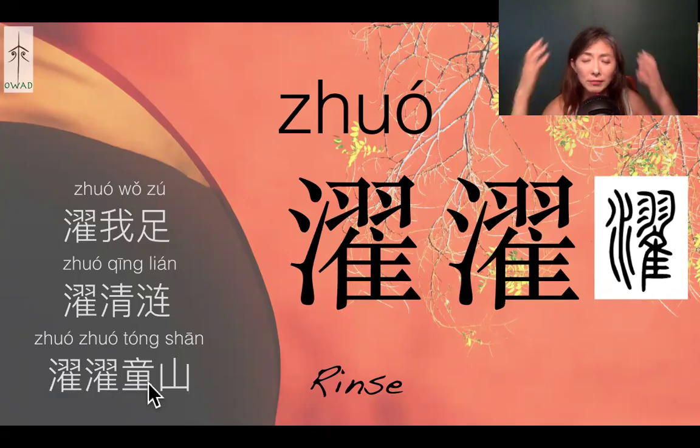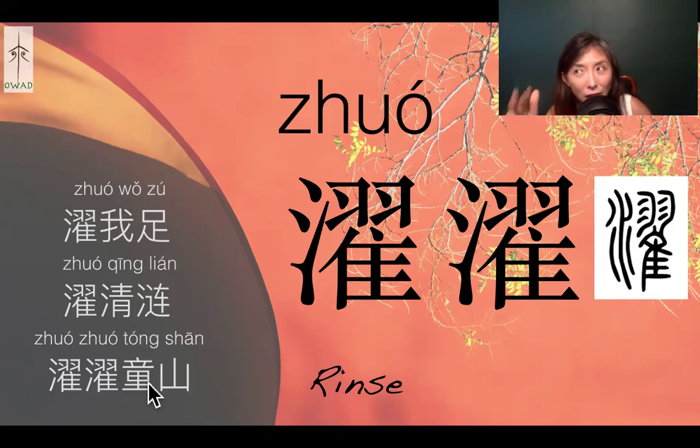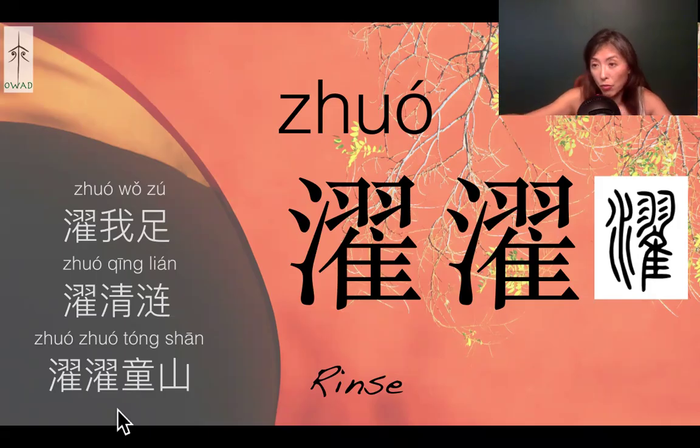And children are often bald-headed. So Tongshan already gives a sense of a baby look-alike mountain with a bald head, and zhuó zhuó is probably the result of heavy rinsing by water, by flood, we don't know, but that shows the type of mountain that's stripped of plants, no trees, no grass, even no soil, with the bare bones of the earth exposed in the shape of big rocks, a stony mountain. So that's zhuó zhuó tongshan.